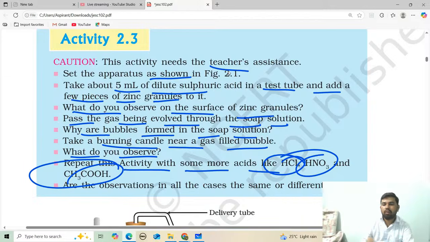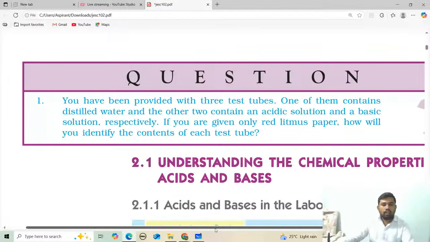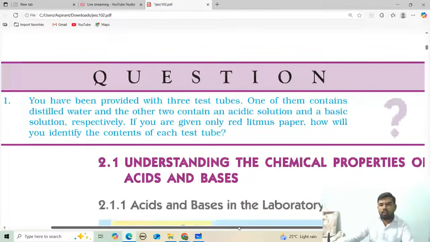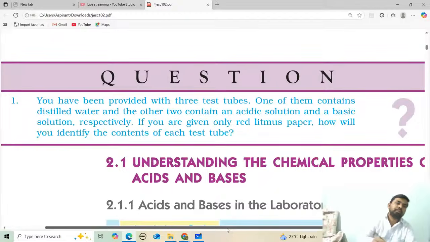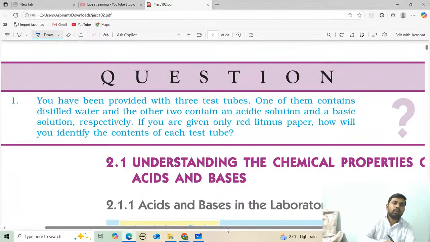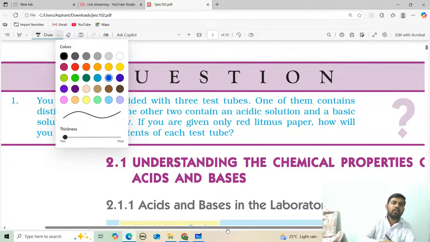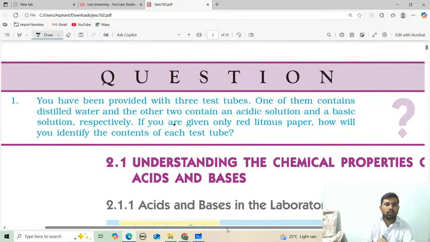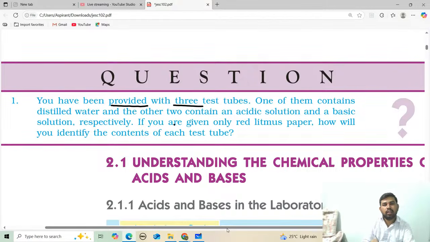Before going to this, let me discuss a question. Observe carefully what they have given. You have been provided with three test tubes. One of them contains distilled water.